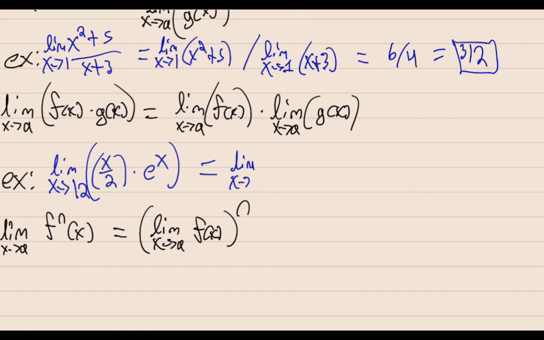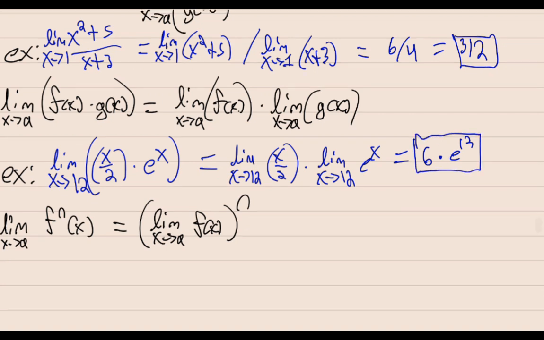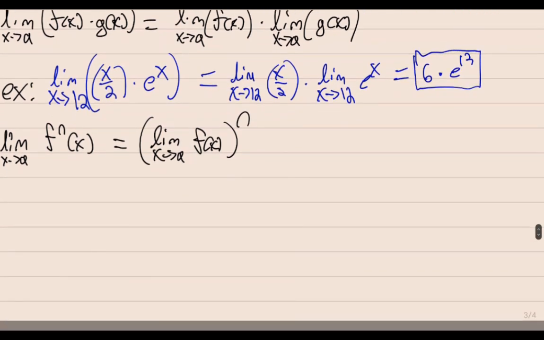So now we have the limit as x goes to 12 of x over 2 times the limit as x goes to 12 of e to the x. When you plug in 12 for x over 2, we get 6, and when you plug in 12 for e to the x, we just get e to the 12. So this is correct.